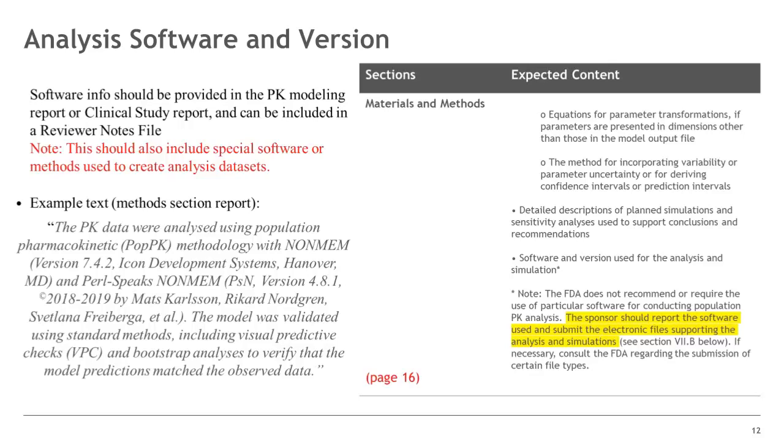I provided some example text from one of our reports, and this also should include any special software that you've used. So if, for instance, you use R to create your data sets, or you have a proprietary software package that creates data sets, that also should be included in your method summary. So this should not just include the PopPK analysis software that you've used, but any other supportive software as well.